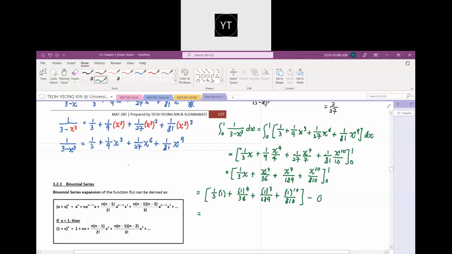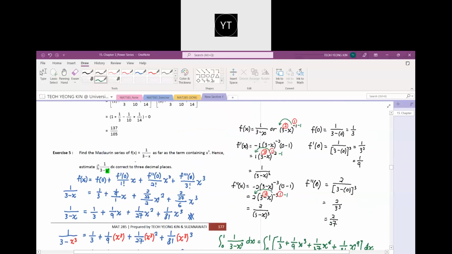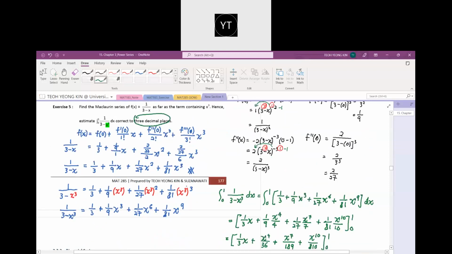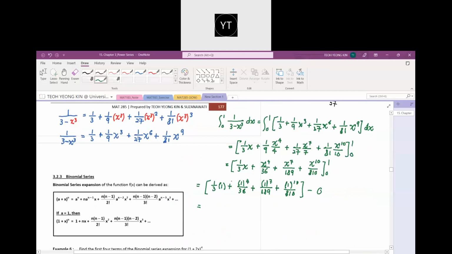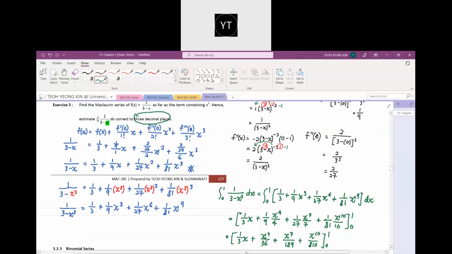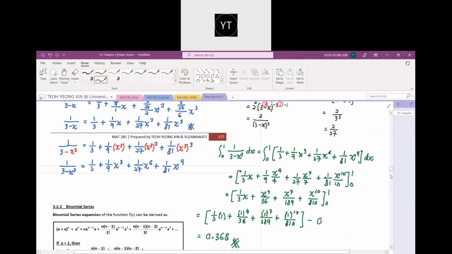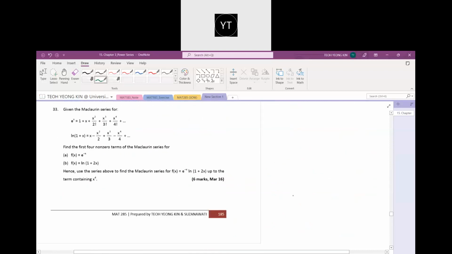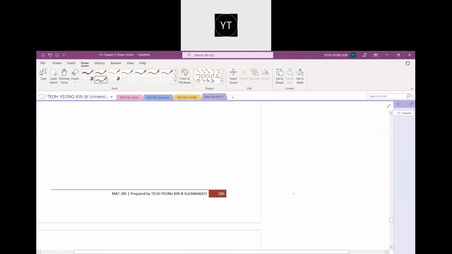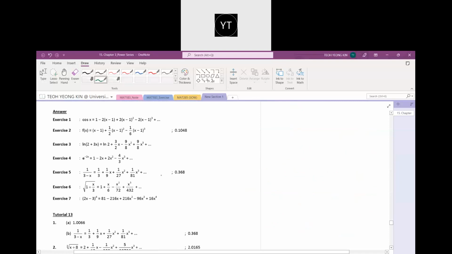The answer to 3 decimal places should be 0.368. We compare with the answer in exercise 5, 0.368. Yes, the answer is correct.